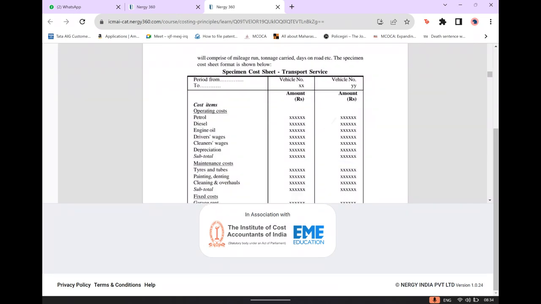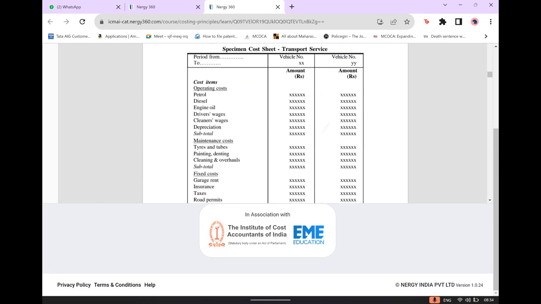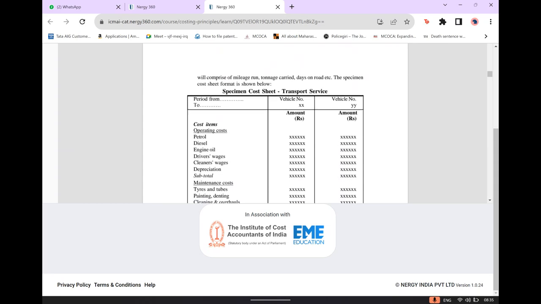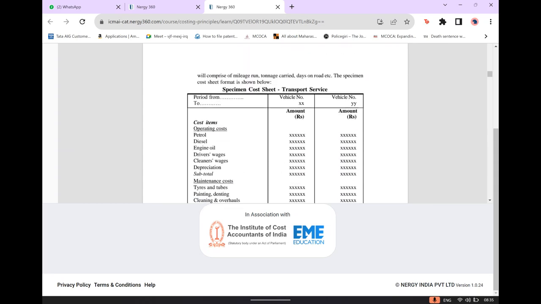So we saw cost items will be operating cost will be petrol, diesel, engine oil, drivers' wages, cleaners' wages, depreciation. And I told you depreciation depends upon what kind of industry you are working in. So you have to see whether it is an operating cost or a maintenance cost. So for transport industry, the bus is very important.